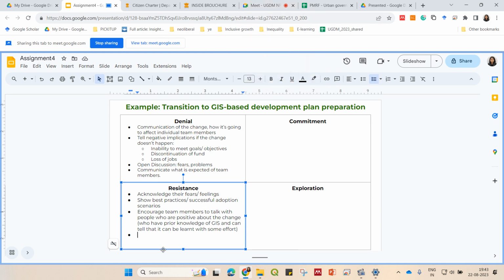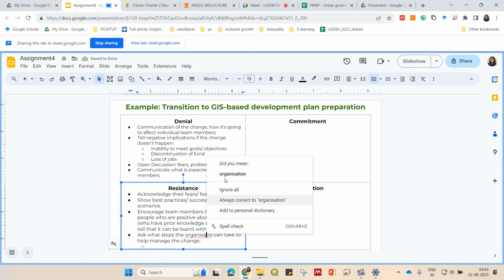Yeah, another thing which you can do is to ask them what steps the organization can take to help manage the change better. So, can you suggest some steps which the organization can take?